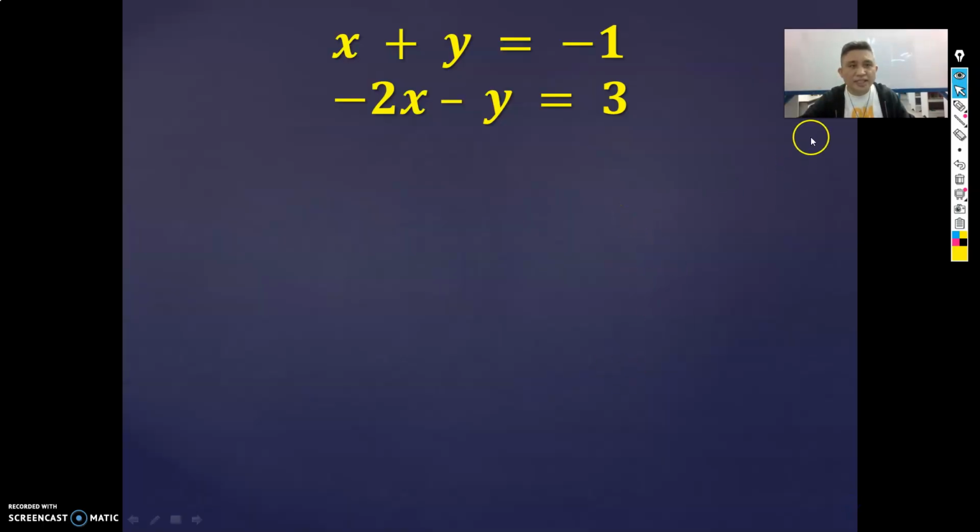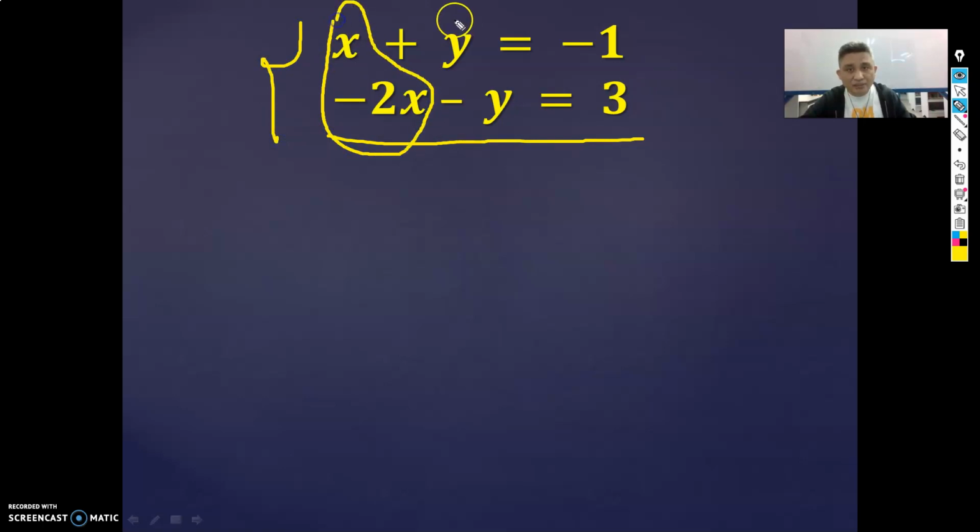Okay, so our next example is ito naman, medyo mas malaki yung number. So, paano natin siya gagawin? Okay, so given is x plus y equals negative 1, and negative 2x minus y equals positive 3. So, katulad ng dati, pababa ang pagsosolve natin. Okay, pababa, ganyan.